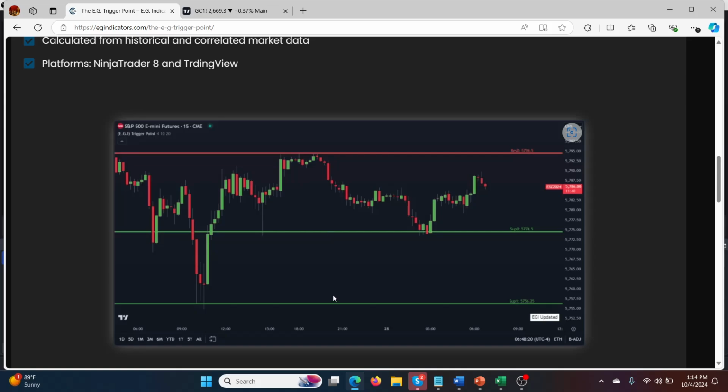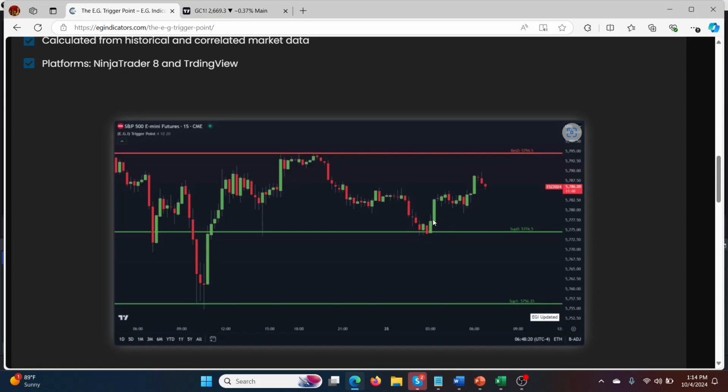You have green for the support lines, red for the resistance lines. And their tutorials basically say the first time during the day that a line is touched, it's most likely to reject or bounce. So if it rises up and touches for the first time on this resistance line, you'd expect a rejection. And that's what you see in their example on their webpage on the E-mini futures.